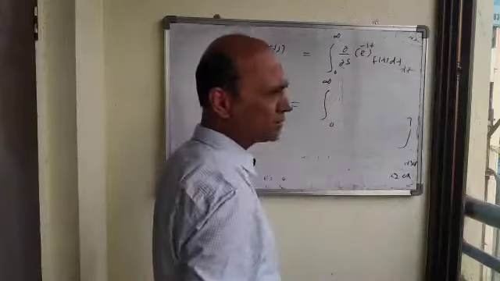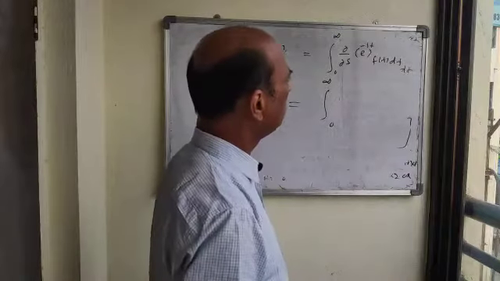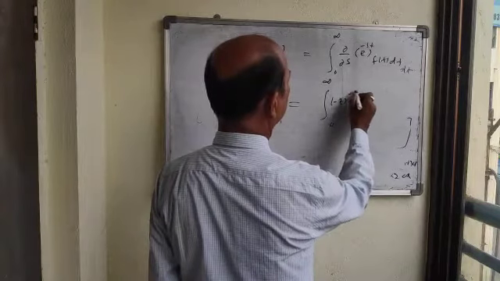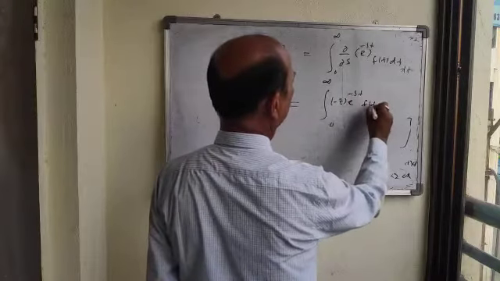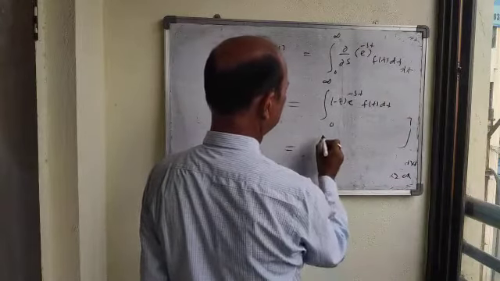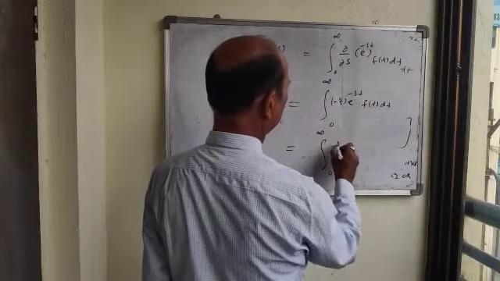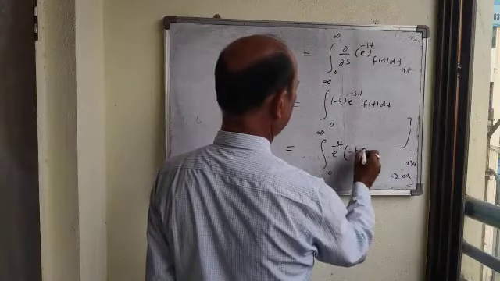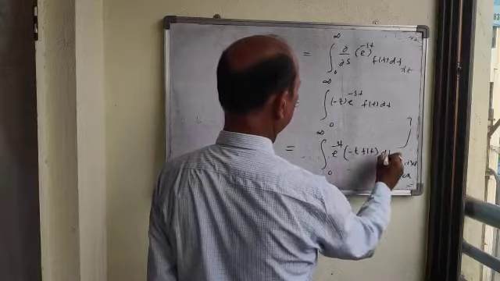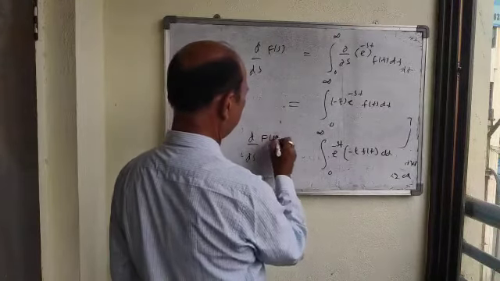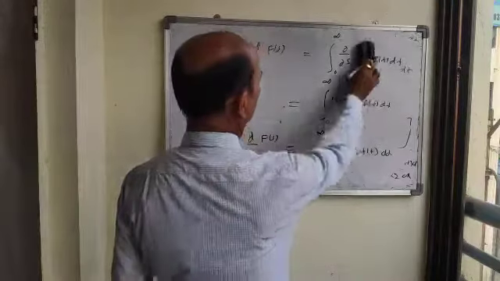Now ∂/∂s means partial derivative, so e to the power minus st with respect to s gives minus t e to the power minus st f of t dt. This can be written as the integration from 0 to infinity of e to the power minus st, in bracket, minus t f of t dt, that is d/ds of F of s.